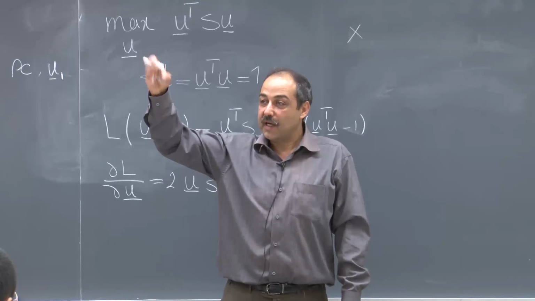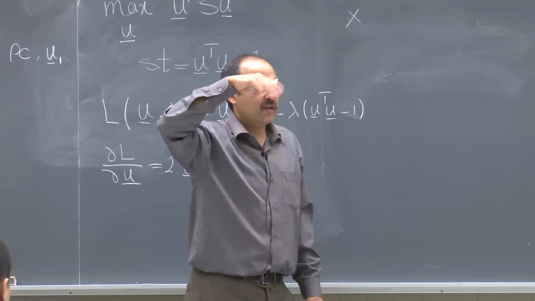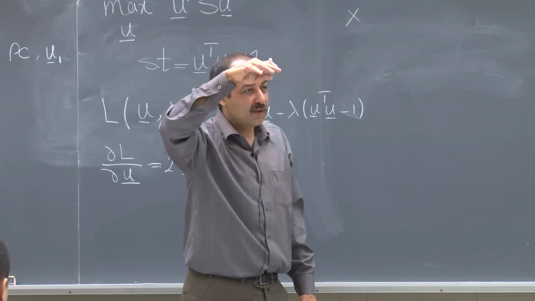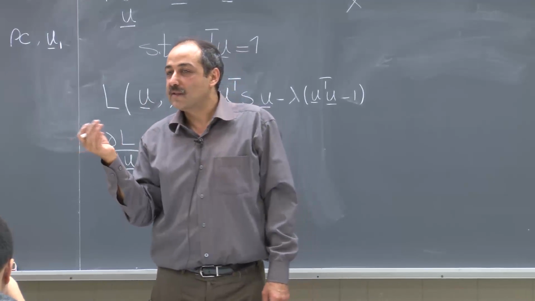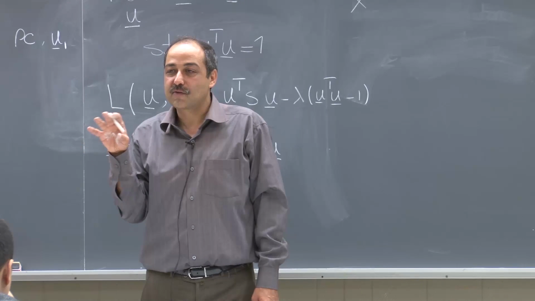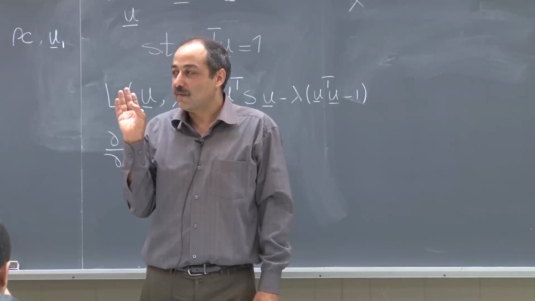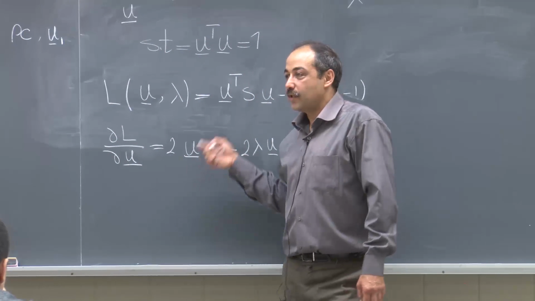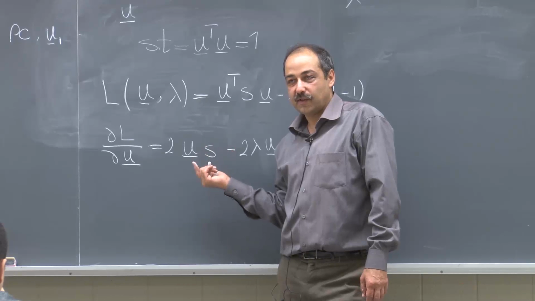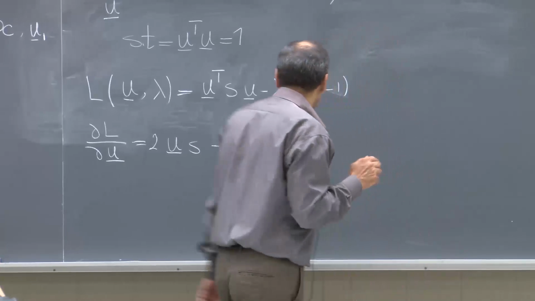Always consult that note on my web page. You can find the derivative of every possible case there, because on one hand it's trivial, on the other hand it's quite tricky. It's very easy to make a mistake in a transpose. It's very easy to write U transpose S instead of US, for example, or SU instead of US. So take a look at that.